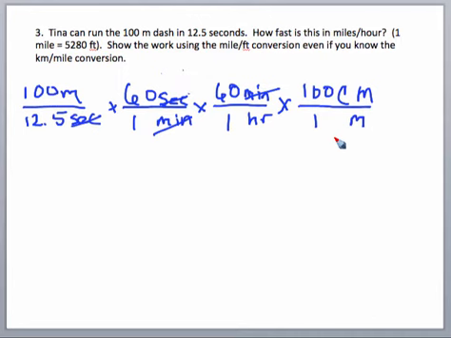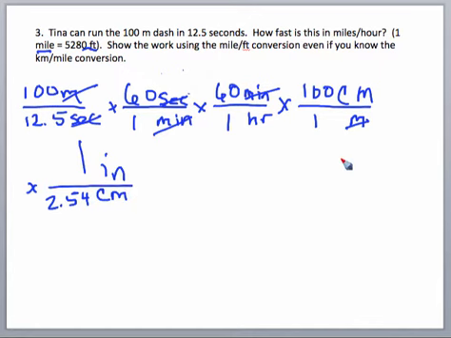The reason I'm doing this is because I know how many centimeters are in an inch, and then I can go from feet to miles. So meters cancel. We have centimeters, so I need centimeters in the denominator. And again, I know that there are 2.54 centimeters in 1 inch. So centimeters cancel. Now I have inches.